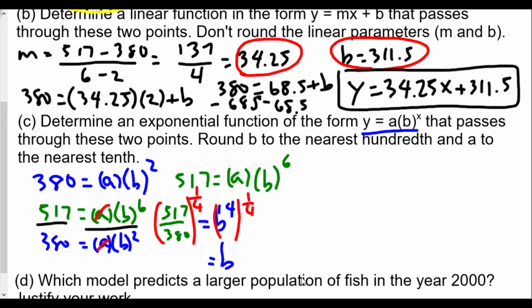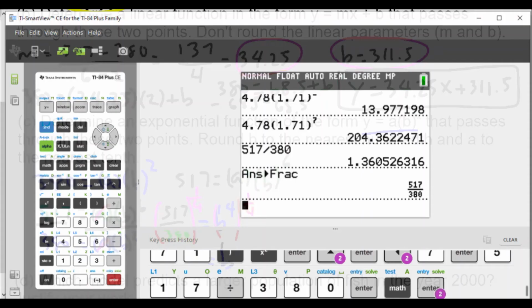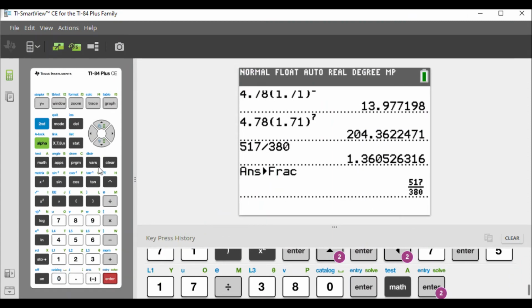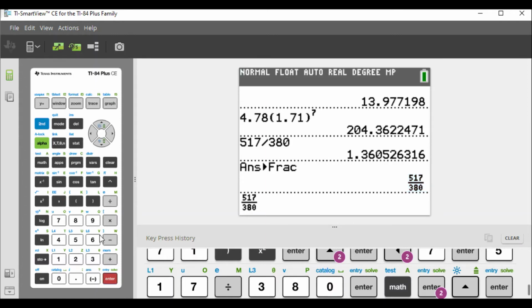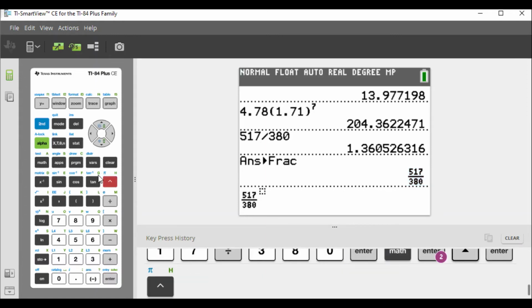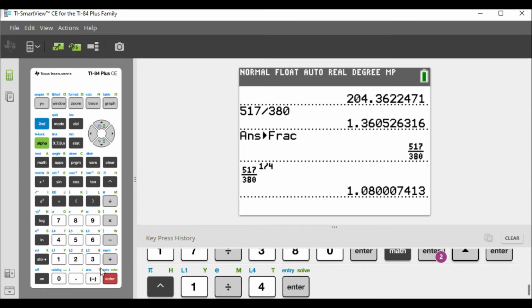All right, so here we have our answer. We're going to take our answer of 517 over 380 and raise it to the 1/4 power, 1 divided by 4. And we're going to get 1.08007413.